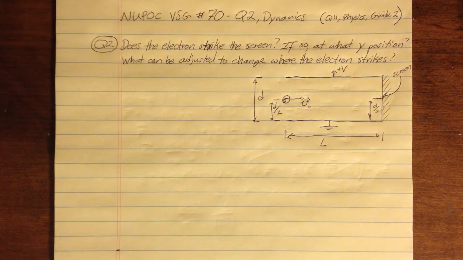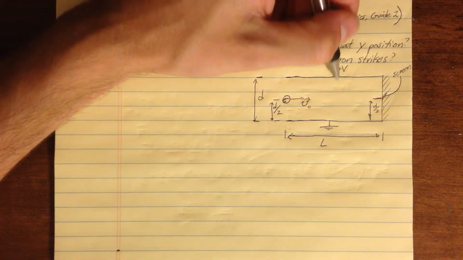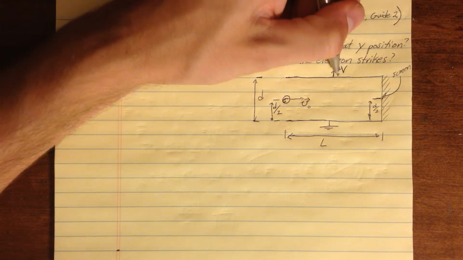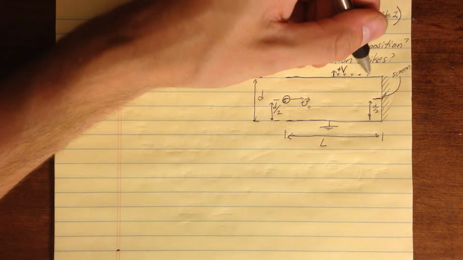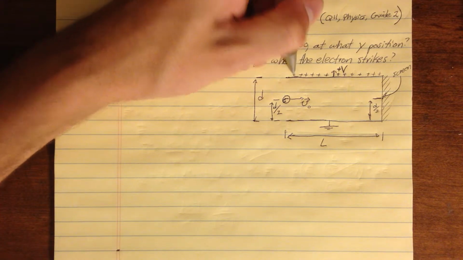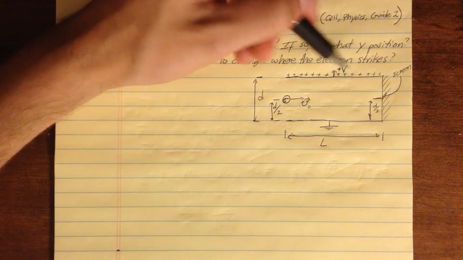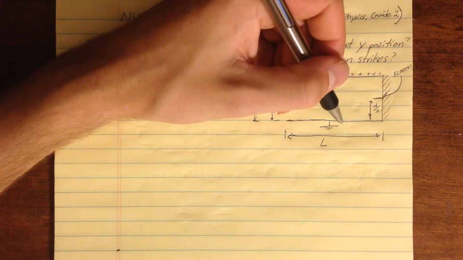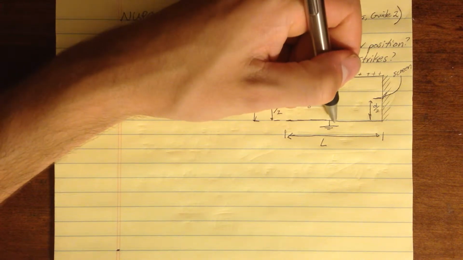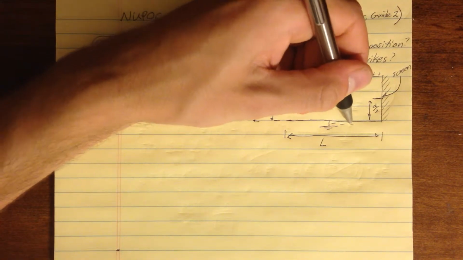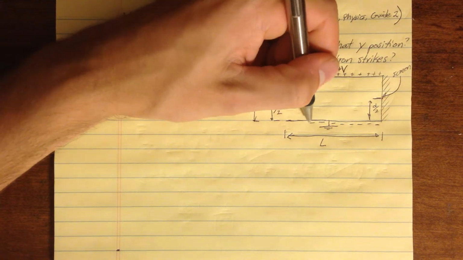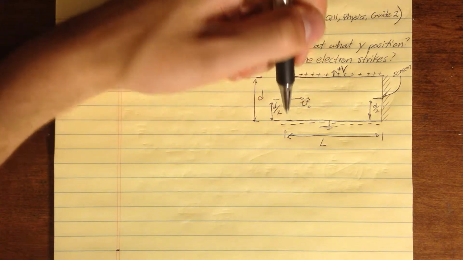But we have some voltage applied between these two plates. We have a positive voltage here, and these plates are insulated from each other, so it's like a capacitor. There's just charge building up on the two plates, so we have some positive charge building up on the top plate, and the bottom plate is earth grounded, so it might not have a negative charge, but it will have a lower charge than the top plate.